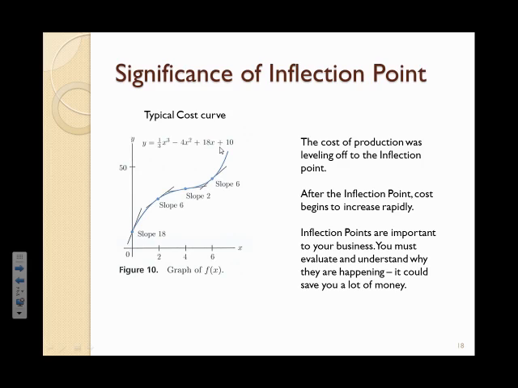Why is that? There's no one set answer for this. You'd have to apply it to your business setting and figure out what it is. Maybe what's happening here is you have a couple of employees and you add a few and you find your production increases more quickly and your cost goes up, but maybe working with 10 people is more efficient than working with 5 people, so you get more produced in the same amount of time.